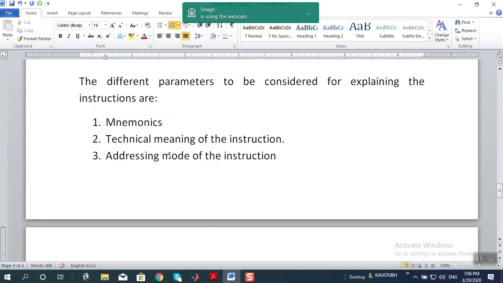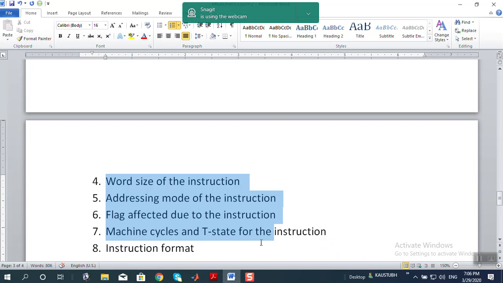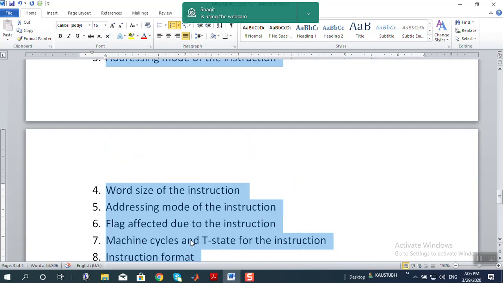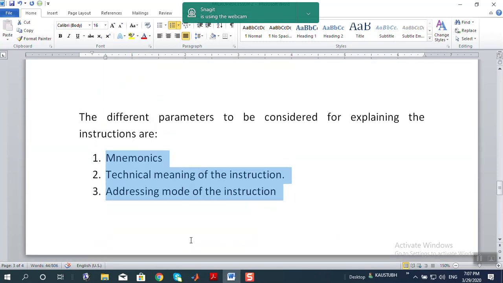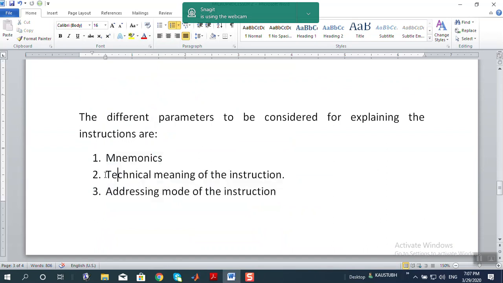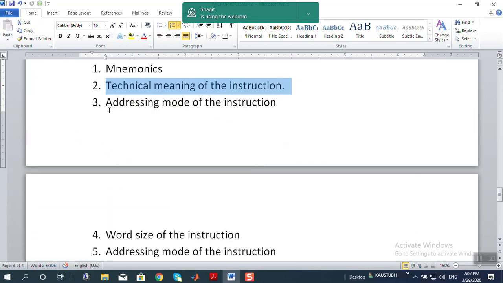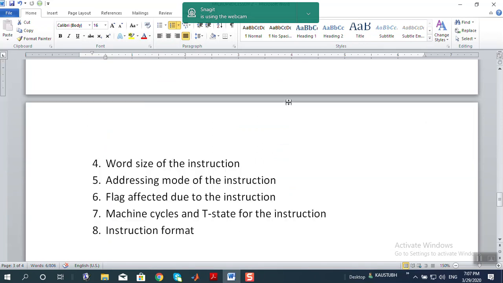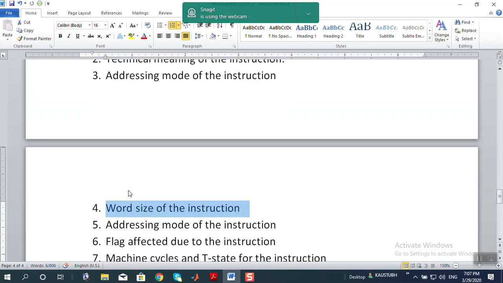These are the things that we'll consider while discussing the instruction. So for each instruction you should know the mnemonics, the meaning of the instruction, what it will do and how it will do it, then the addressing mode of that instruction, and the word size of the instruction. Addressing mode I have written twice, no?